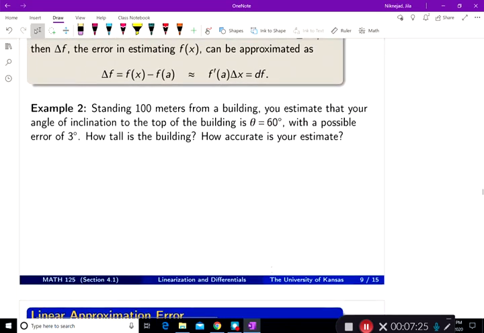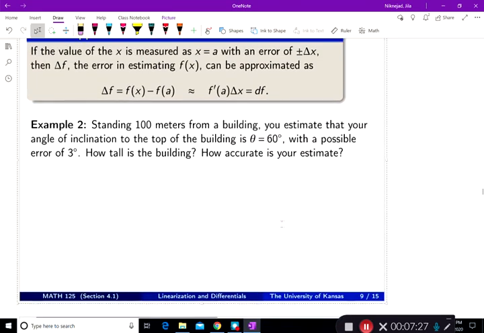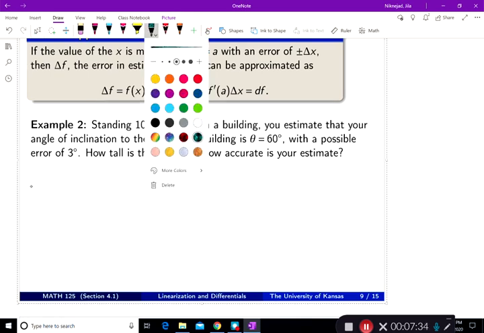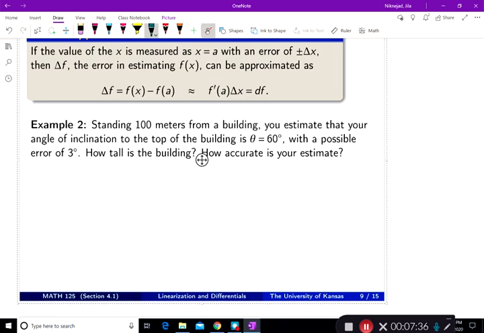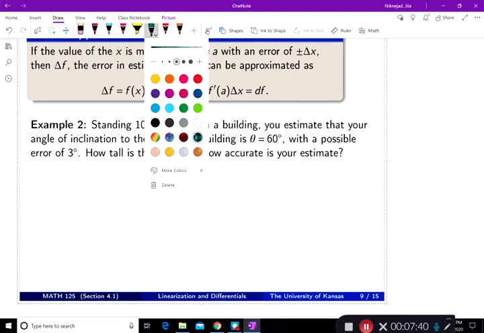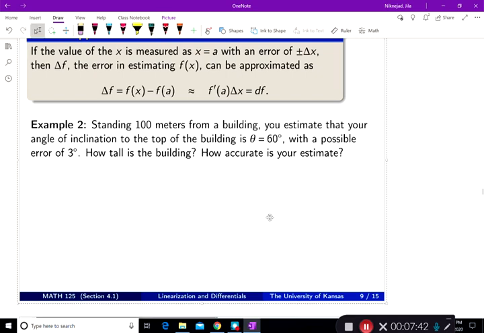Now, example 2. You're standing 100 meters from a building, so here's the building.